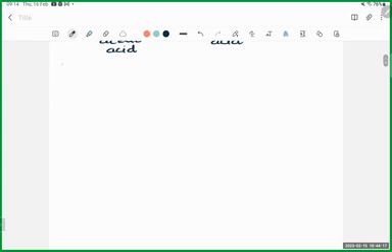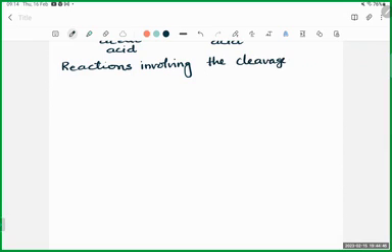Let's start the other properties. The first reactions involve cleavage of the carbon-oxygen bond, meaning the carbon-OH bond is influenced.